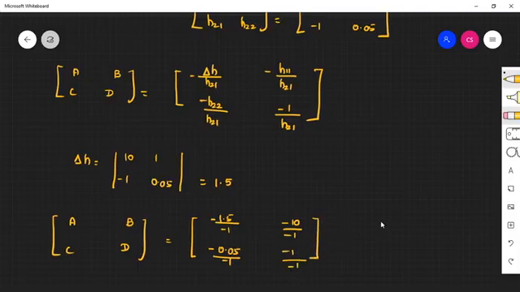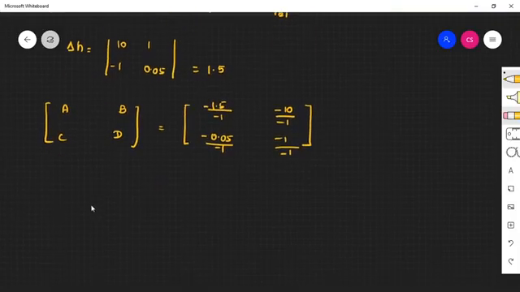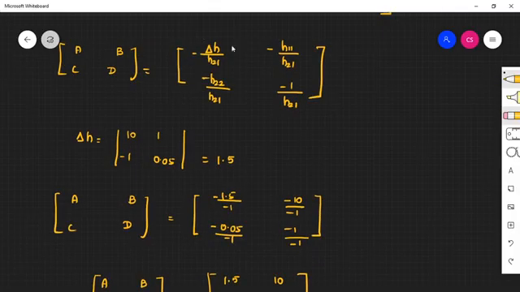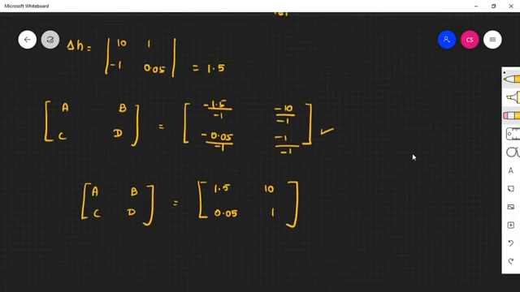Therefore, we get the final ABCD matrix to be 1.5, 10, 0.05 and 1. So from the relationship between the ABCD matrix and the H matrix, we have substituted the values already found and obtained the required ABCD matrix, which is 1.5, 10, 0.05 and 1. Thank you.